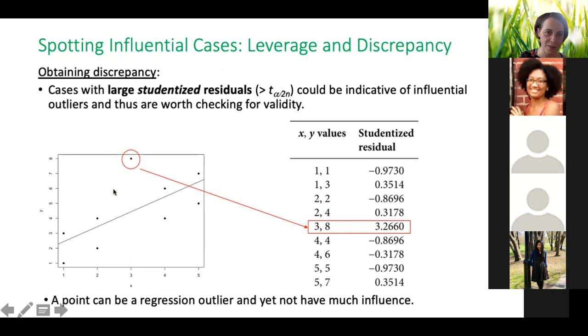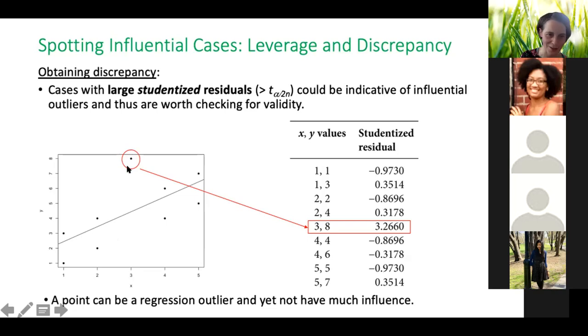So in this particular case, because this outlier is in the center of the x distribution, it doesn't actually have much of an influence on the actual slope parameter. In this case, it just pulls the regression line. It just changes the intercept, right? It pulls the regression line upward.